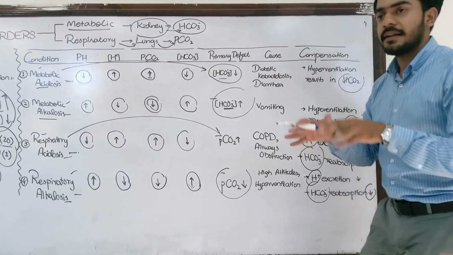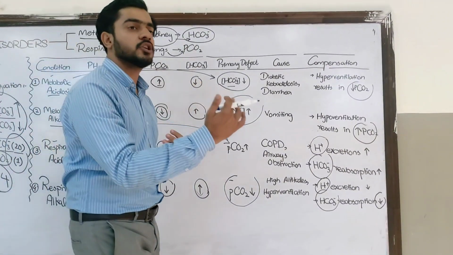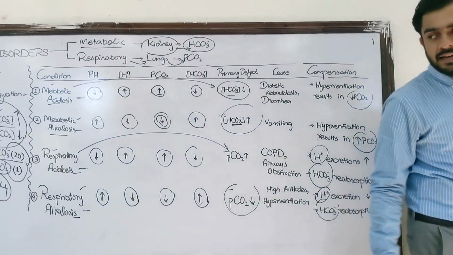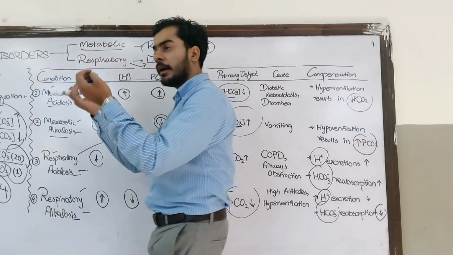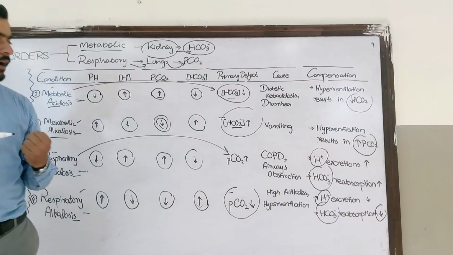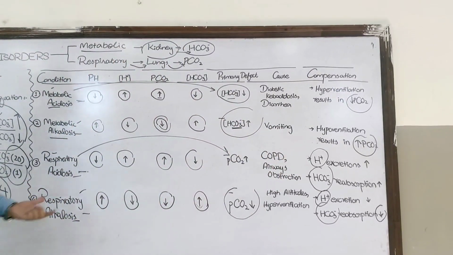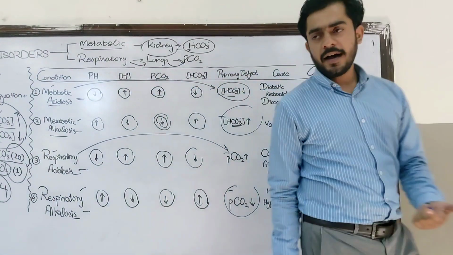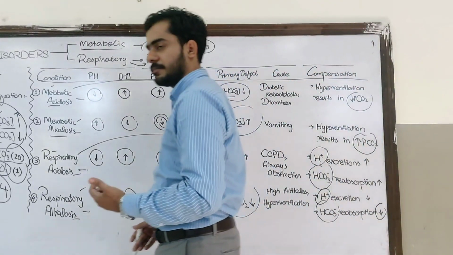So there is less reabsorption of the bicarbonates, or we can say more excretion of the bicarbonates. Or there is less excretion of the hydrogen ion, or we can say there is more reabsorption of the hydrogen ions to compensate the respiratory alkalosis, and it can be caused by higher altitudes or hyperventilation.